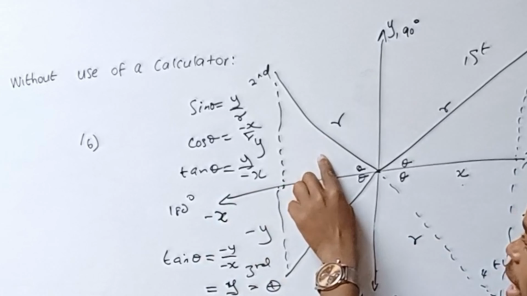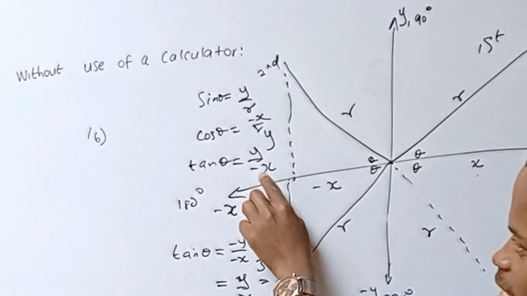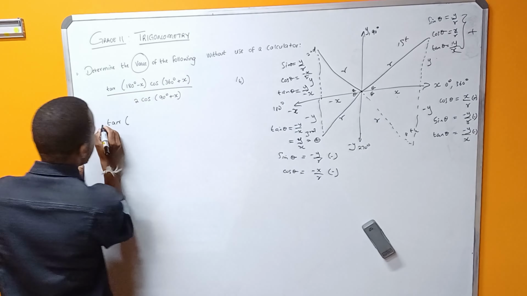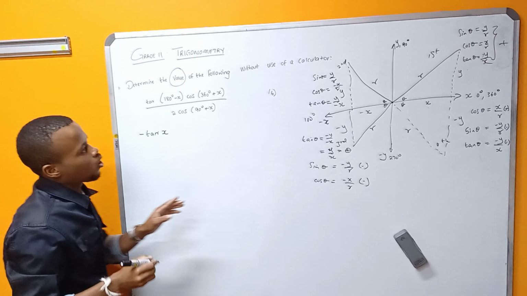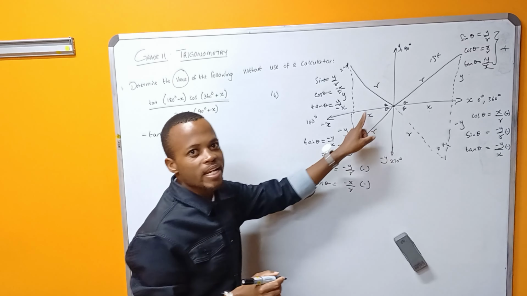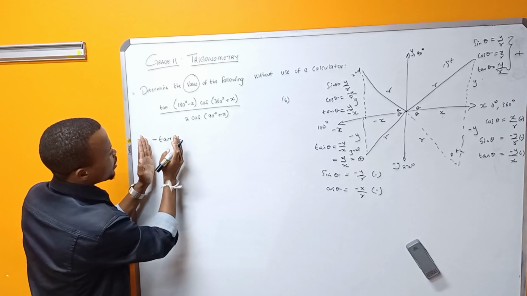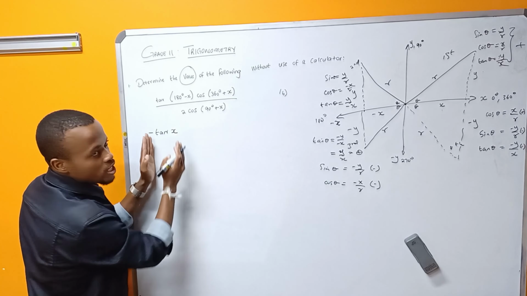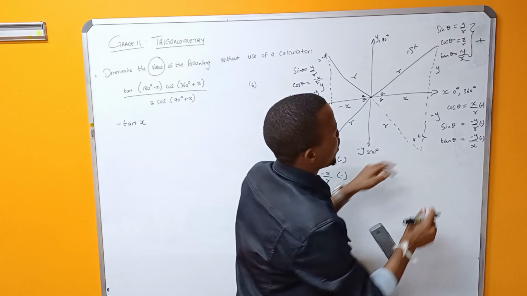In the second quadrant, what is the sign for tan? Tan is negative. So it becomes negative tan x, because the quadrant is the one that gives you the sign of the trigonometric ratio that you are referring to.